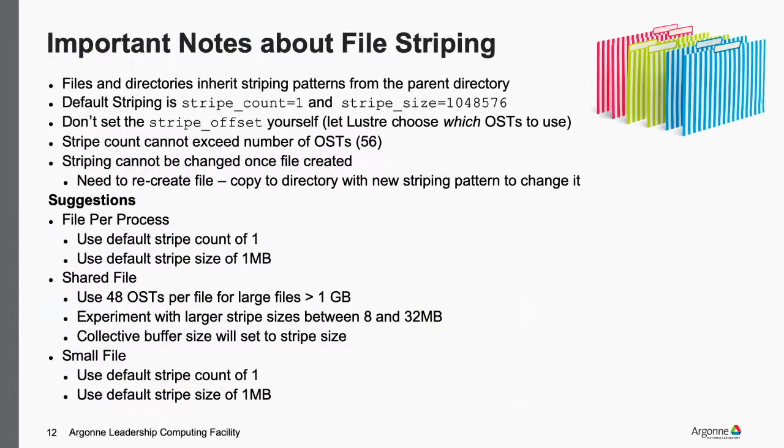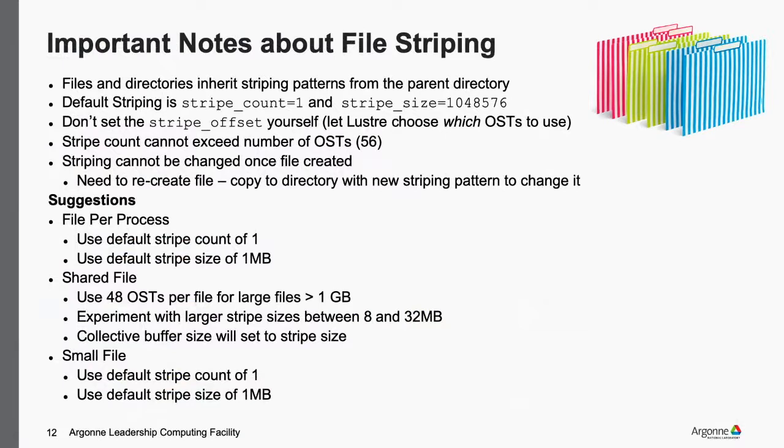Like I said, the stripe count can be a number between 1 and 56. So 57 is not going to be a legal setting. We have 56 OSTs. You can also use the value -1, which would be maximum. So if you want to write something that works on any Lustre system, you can put stripe count -1 if you always know you just want the maximum OSTs. The parameters are set when the file is created.